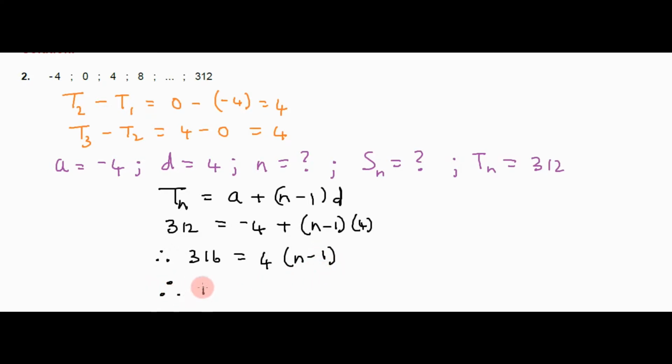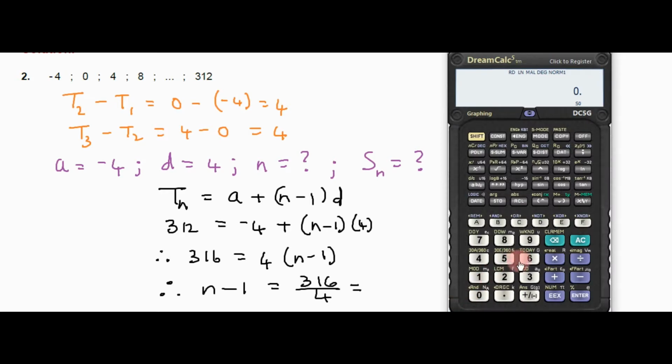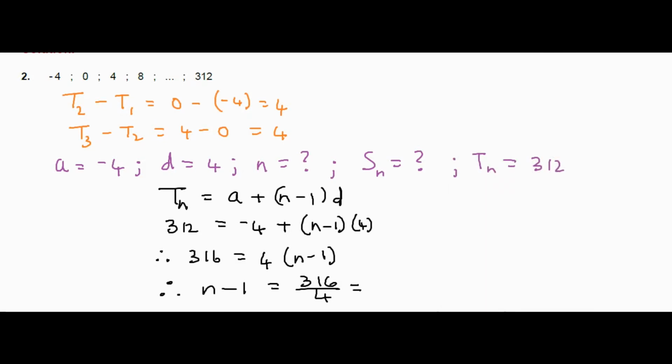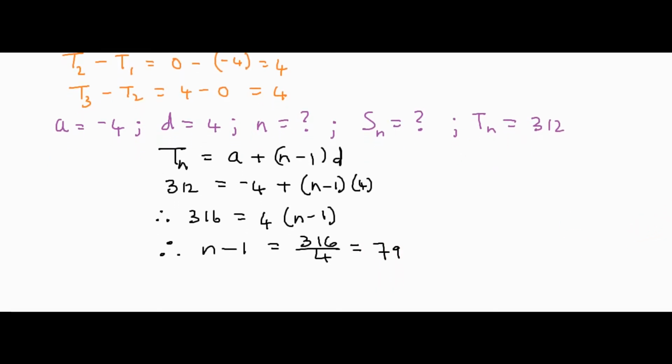And hence n minus 1 is 316 divided by 4. Let's see what that comes to. So it's 79. So the number of terms then will be 79 plus 1, which is 80.